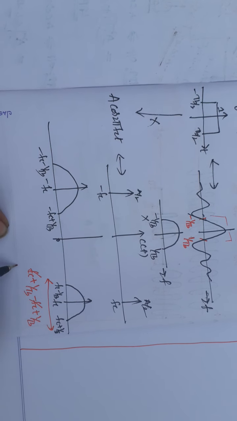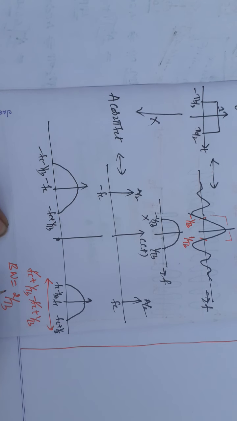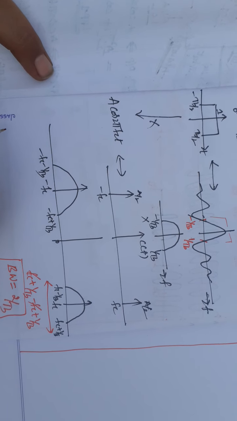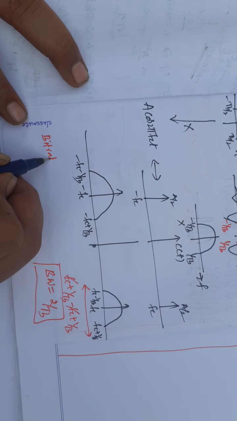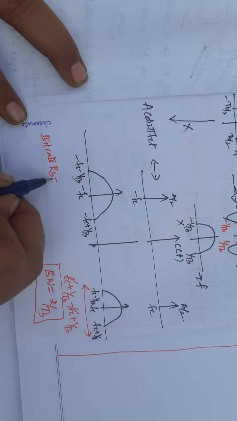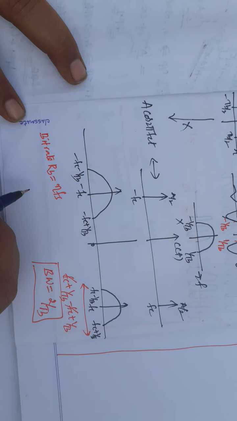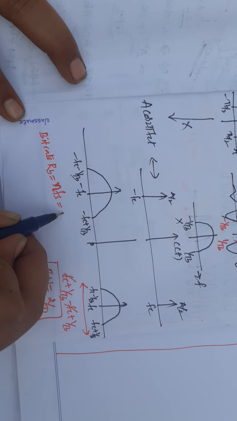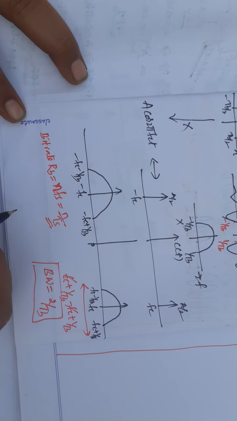So here the bandwidth of ASK is 2 by TB, and the bit rate is Rb equal to n fs, which is also small n by Ts, where Ts is the symbol period.